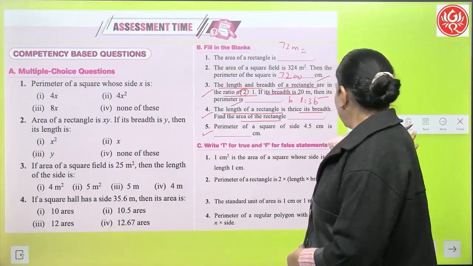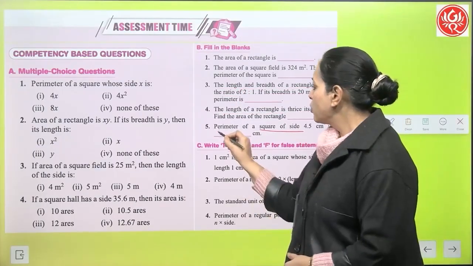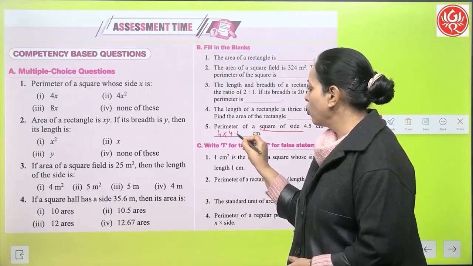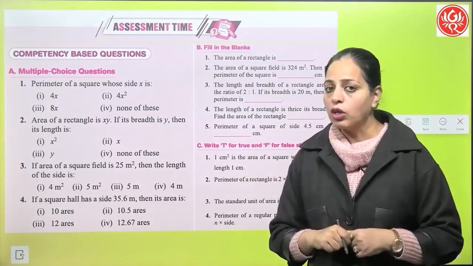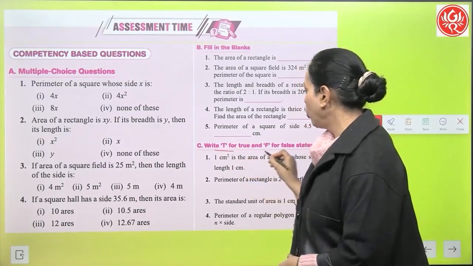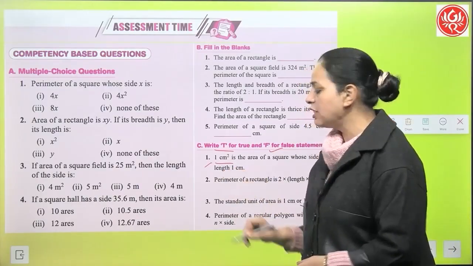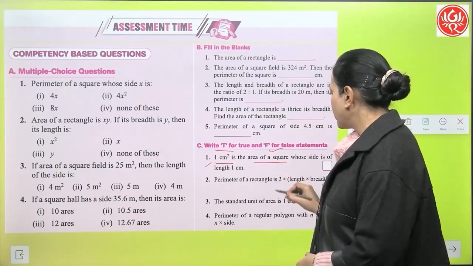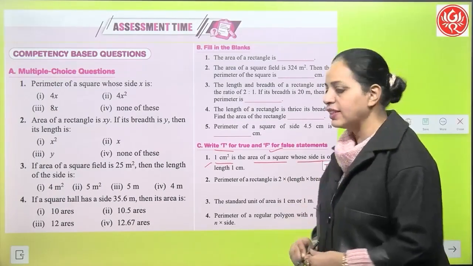Now the fifth one, perimeter of a square of side 4.5 centimeter. So what is the perimeter? 4 into 4.5. We can calculate it, right? Now come to C part. Write T for true and F for false statement. The first one, 1 centimeter square is the area of a square whose side is of length 1 centimeter. Yes, this is true.